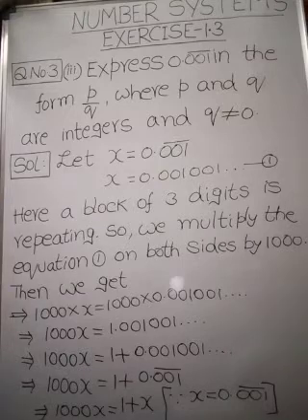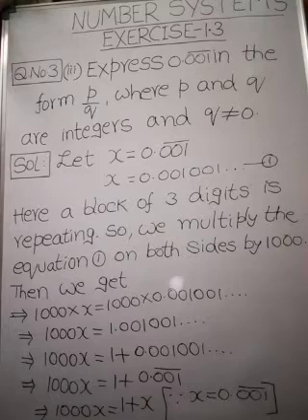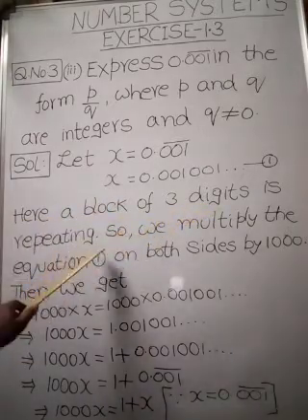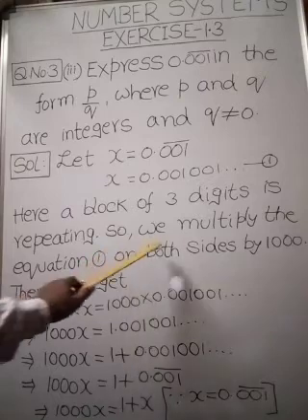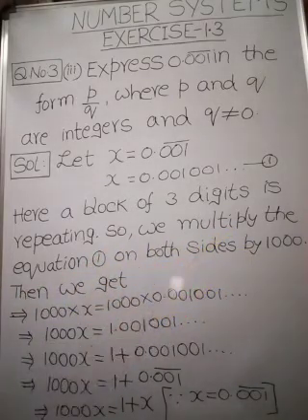Now come to the question. How many digits are repeating? A block of 3 digits is repeating. So what I said, we multiply equation 1 on both sides by 1000. Previously I told you. Remember that point, my dear children.